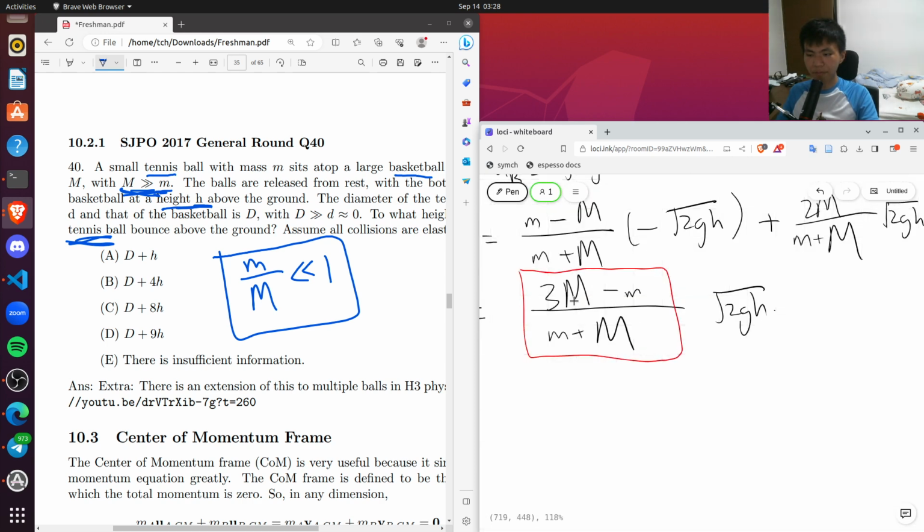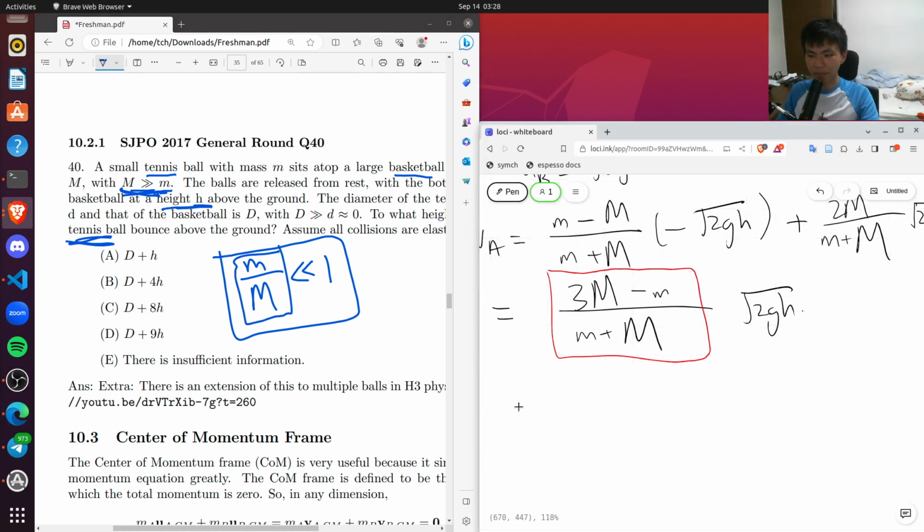You see over here we have big M and small m independently. We basically want to package it such that the only term that appears is the ratio of the two. What can you do in this case? You can simply divide the numerator and denominator by big M. So you just have 3 minus small m over big M, over small m over big M plus 1.